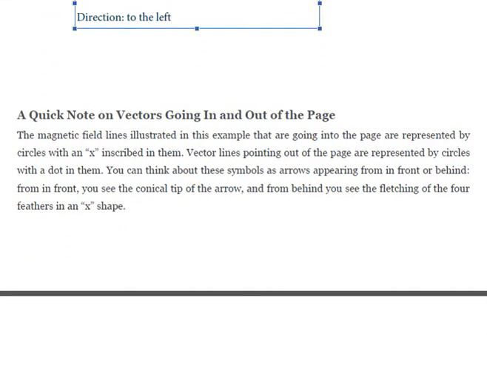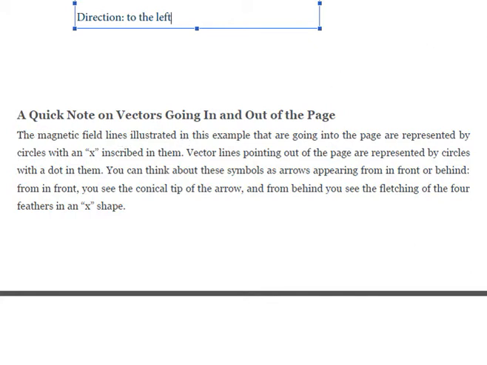So this is kind of something new, maybe completely new for some of us. We haven't done really anything in 3 dimensions prior to this, and it's probably not something that you likely ran into a lot anywhere else working in a 3-dimensional space. So just a quick little note here.